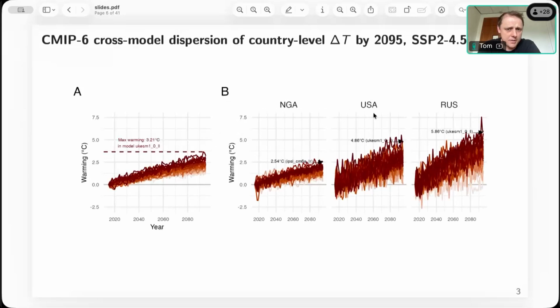So just a few examples here. This is the RCP 4.5. Just plotting a time series here of the different CMIP model temperature projections in the first panel for some kind of weighted average for the whole world, and then for three different countries. You can see a really big spread at the end of century, and a much bigger spread for certain countries. So, for example, a much bigger spread for Russia than for Nigeria.